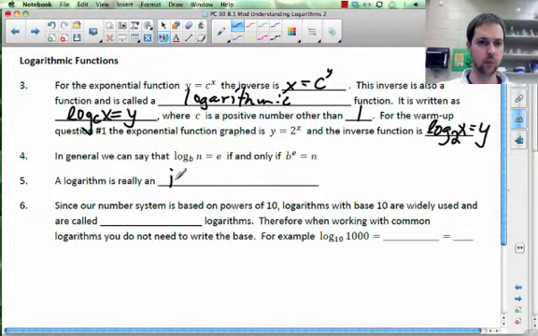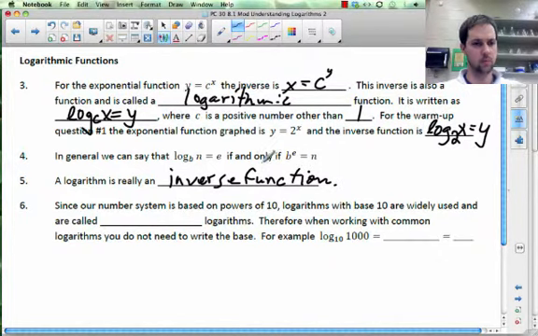Logarithm is really an inverse function of the exponential function. Since our number system is based on powers of 10, logarithms with base 10 are widely used. They're called common logarithms.